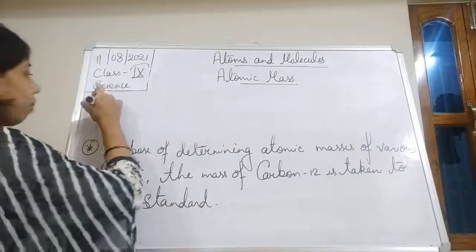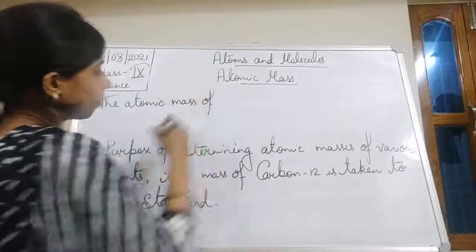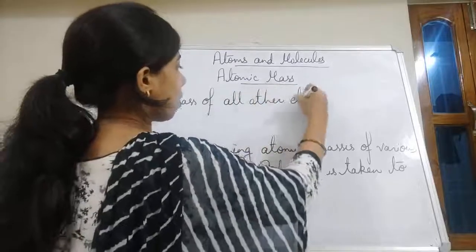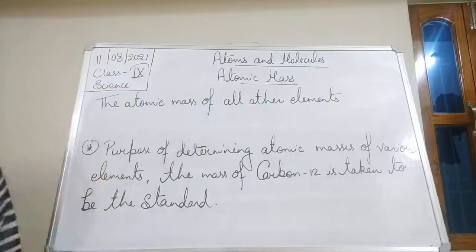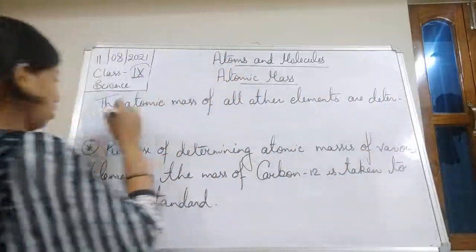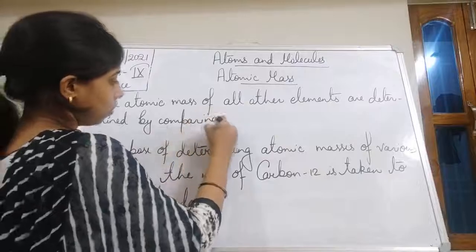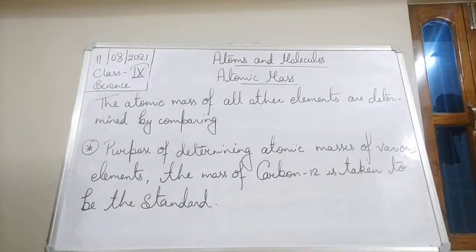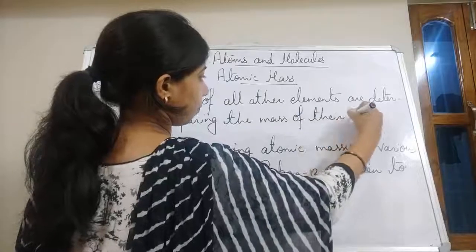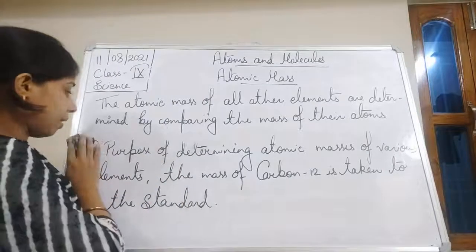So the atomic masses of all other elements are determined by comparing the mass of their atom with the mass of a carbon 12 atom.